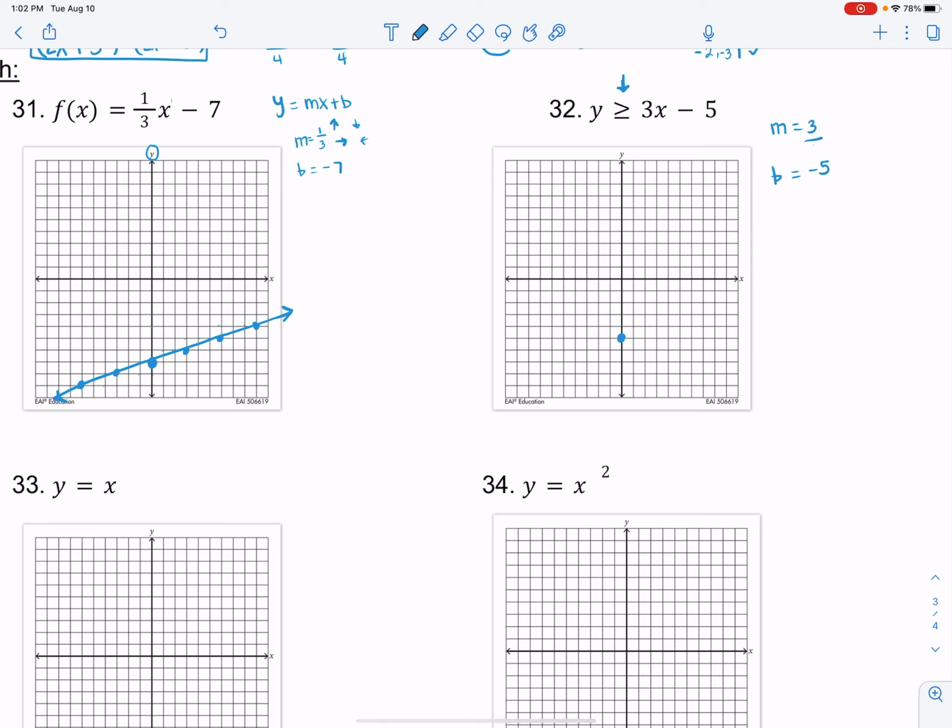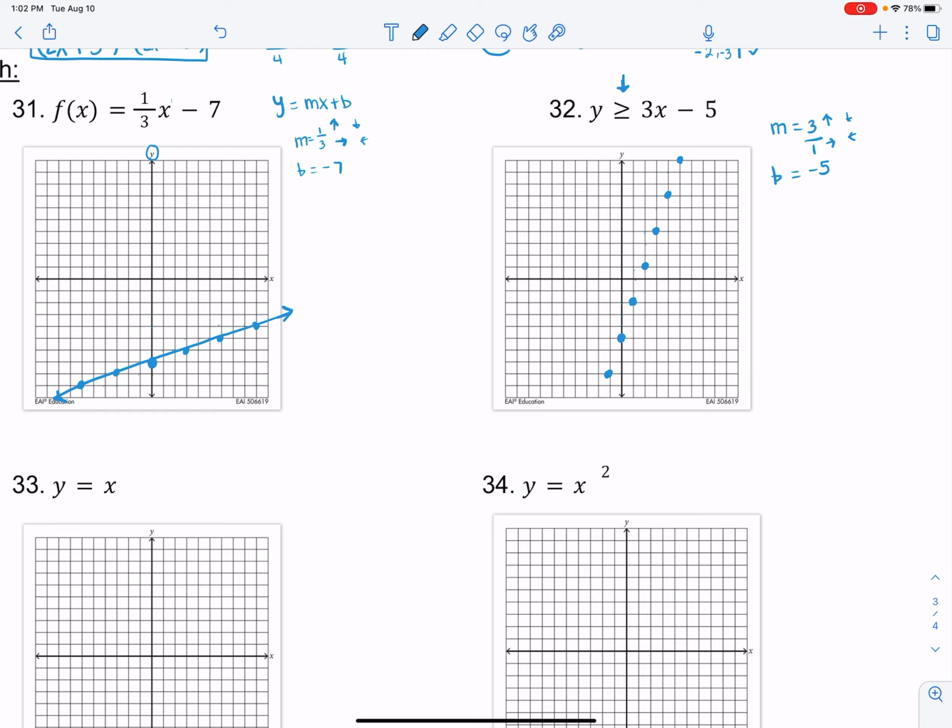So we're going to make this a fraction by putting it over 1. So we're going to go up 3 and right 1. When you run out of room, go back to the start and reverse both directions.